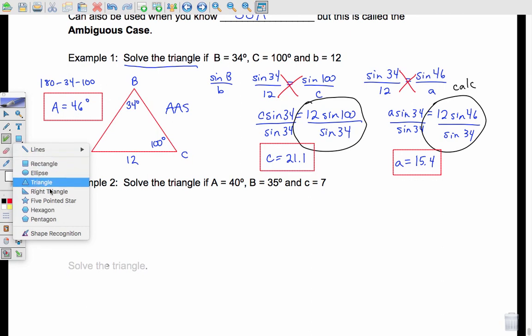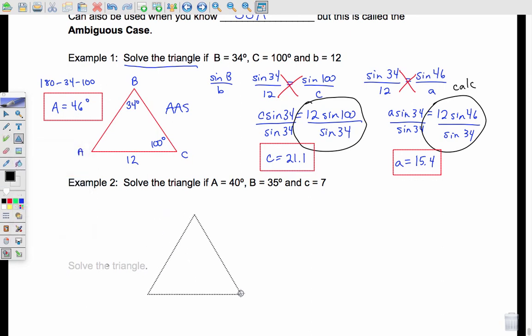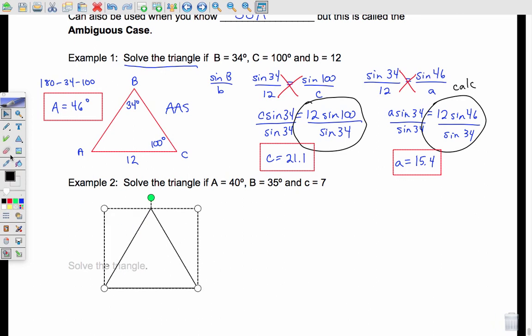All right, so let us draw a triangle. Always the first step. I'm going to draw triangle ABC. And we know that angle A is 40 degrees. Angle B is 35 degrees. And side C is 7.